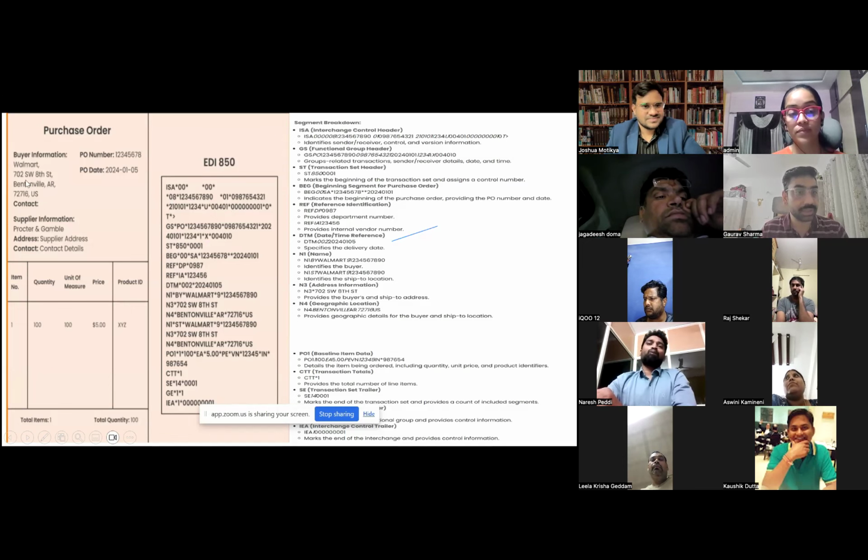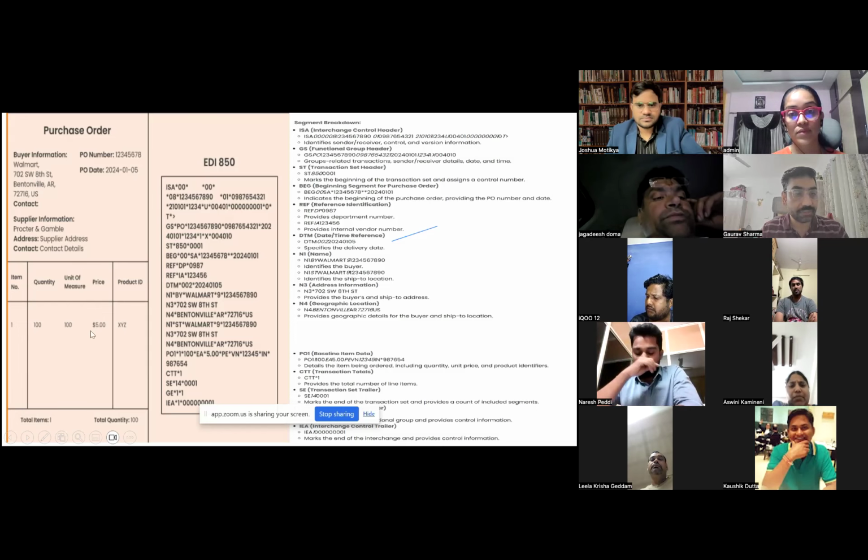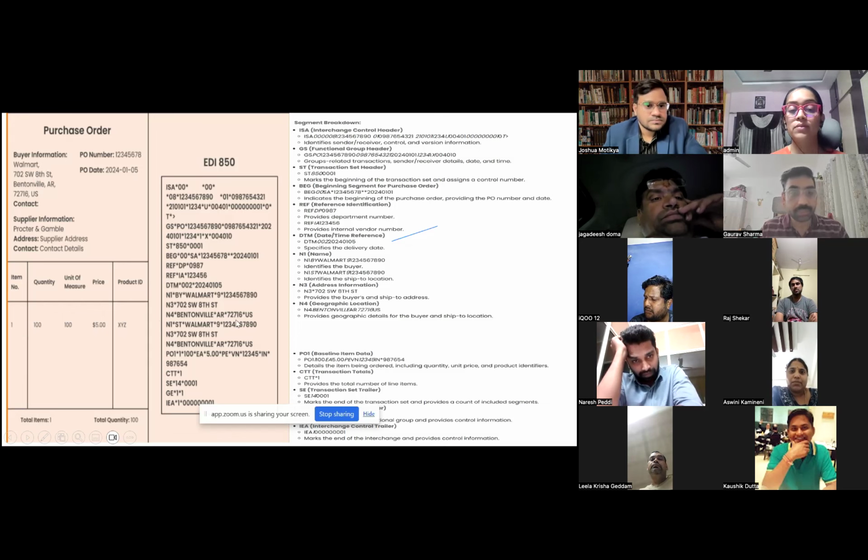Walmart is the buyer. The address is also there, and we can see the quantity as 100. Some XYZ product ID has been purchased, 100 units at $5 each. So this information we can see in the file itself.